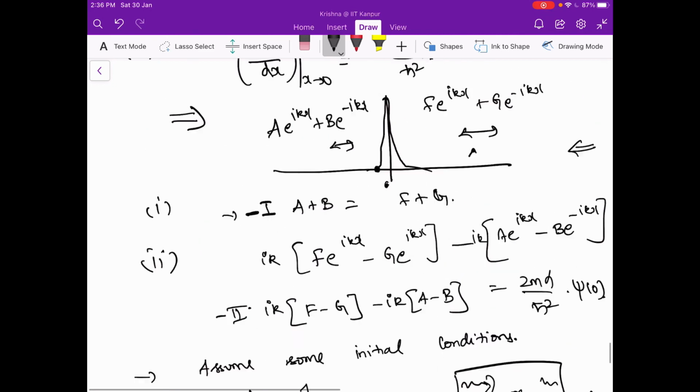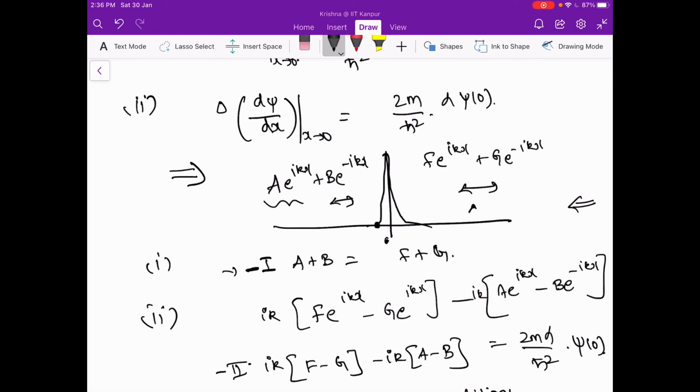Here, we have A e^{ikx}, which is a positive moving wave. B e^{−ikx} is a negative moving wave. I suppose you understand why positive k values are positive moving and negative k values are negative moving: if we multiply by the time dependence e^{−iEt/ħ} and plot it, the waveforms move to the right as time progresses if k values are positive, and move to the left if k values are negative, right?